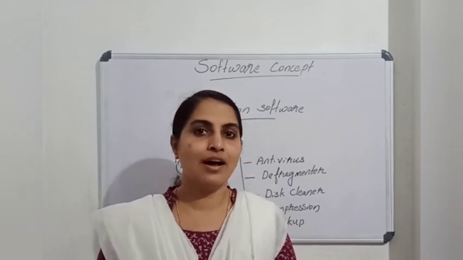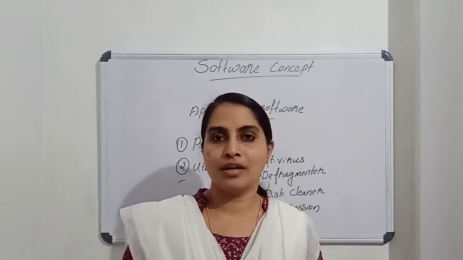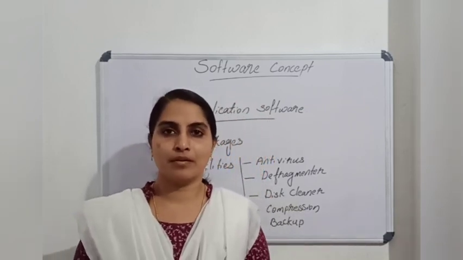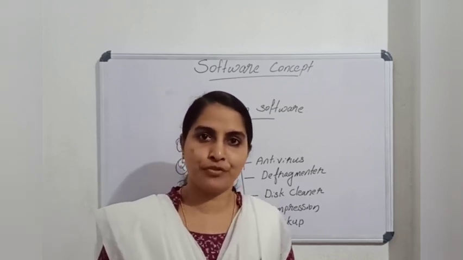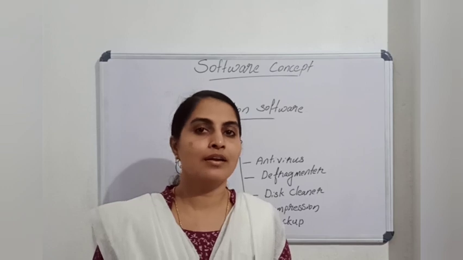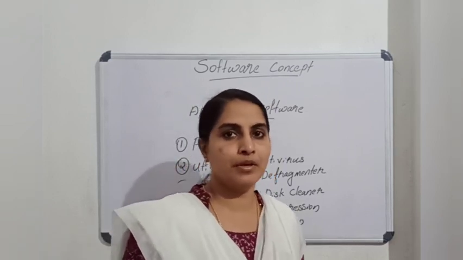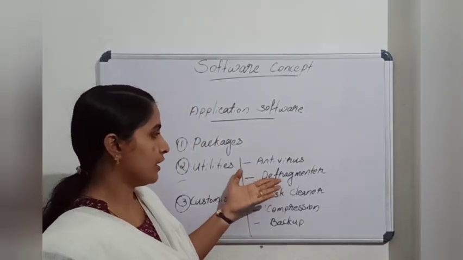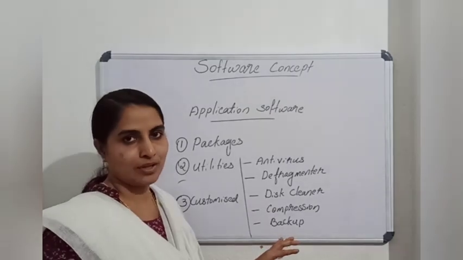Next is the application software. Application software can be of types: packages, customized software, and utilities. Utilities can be antivirus, disk defragmenter, disk cleaner, compression or backup utility.